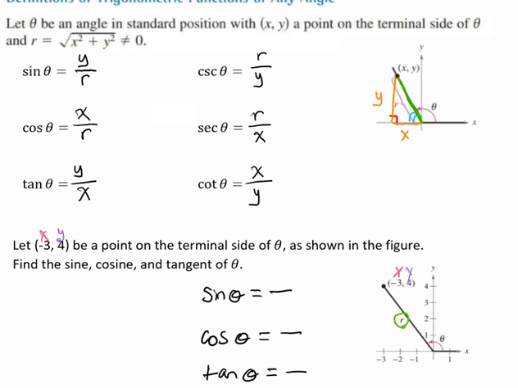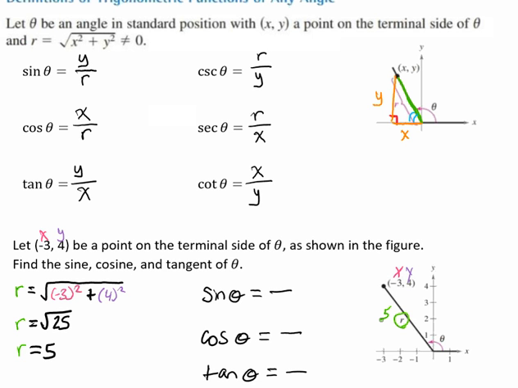Based off our equation above, to find our r value, we simply take our x and square it, and add that to our y quantity squared. Doing that gives us the square root of 25, and the square root of 25 is, in fact, 5. So we have an r value of 5.